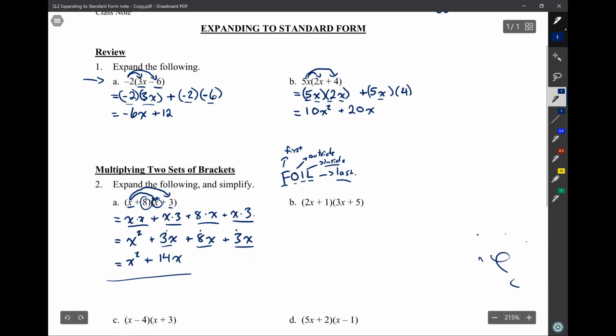Now we'll try that same strategy, that FOIL strategy, for the second part of the example here. So we'll start with the first ones. That's 2x times 3x. Then we'll go to our outside terms. That's 2x and 5, so plus 2x times 5.